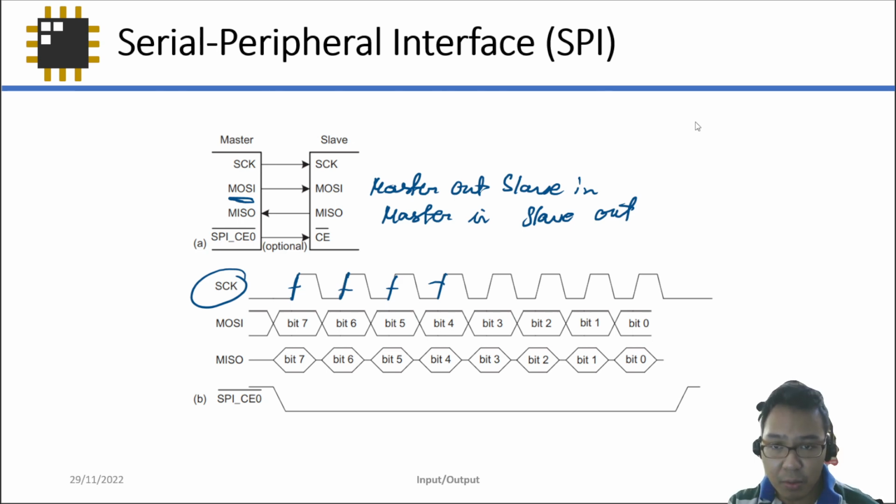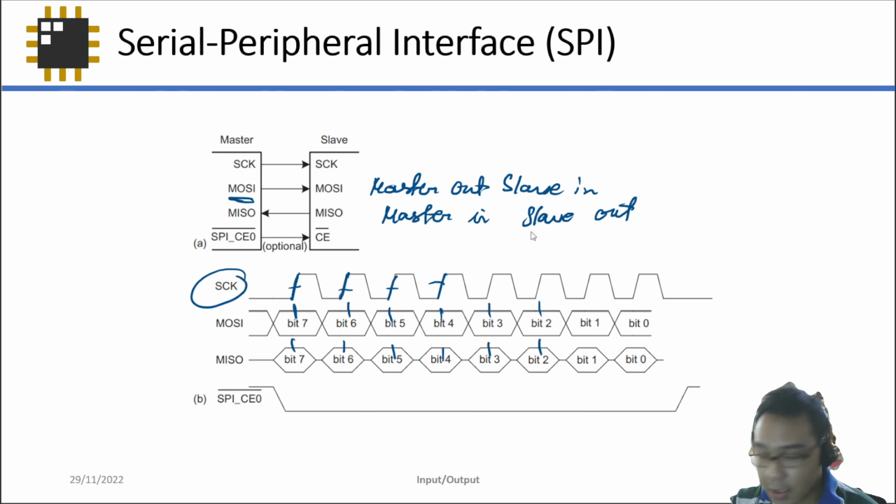Now the MISO wire is where the slave drives and the master reads. Referencing the serial clock, the reader reads whatever the bit is at the time that the positive edge of the serial clock happens, which is right in the middle. That's why it happens right in the middle.